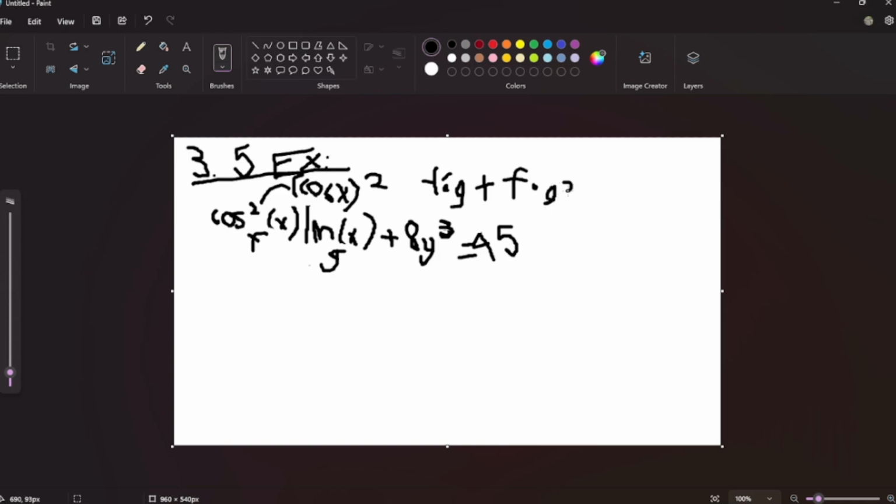Whereas chain rule, you do f prime of t inside, times g prime. In this case, this is f, or no, this is not f. This is g, and this is f. Okay, let's actually solve this.